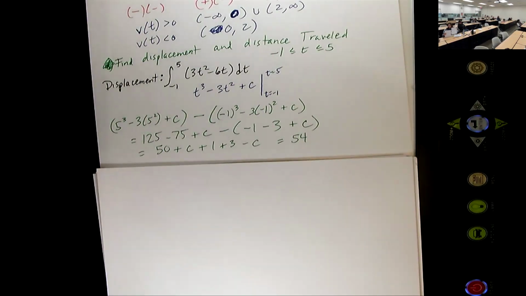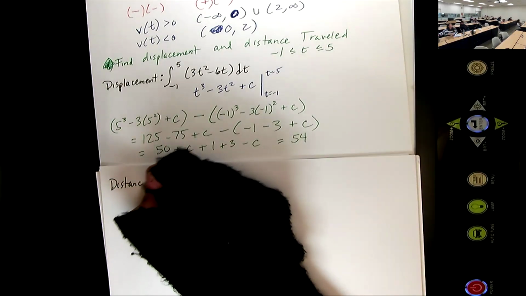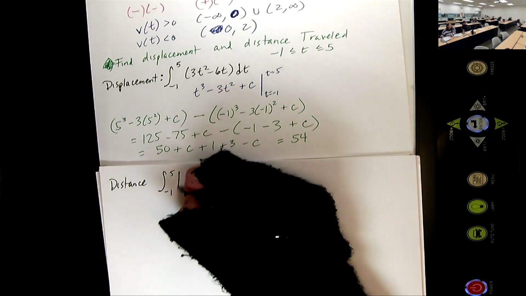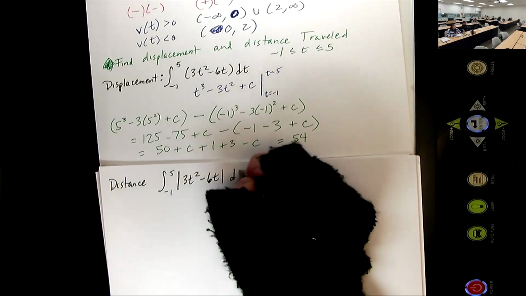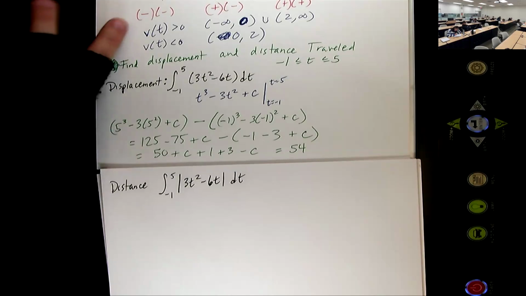If we want distance, we are doing -1 to 5, the absolute value of 3t squared minus 6t dt. And this is where we need these regions up here.